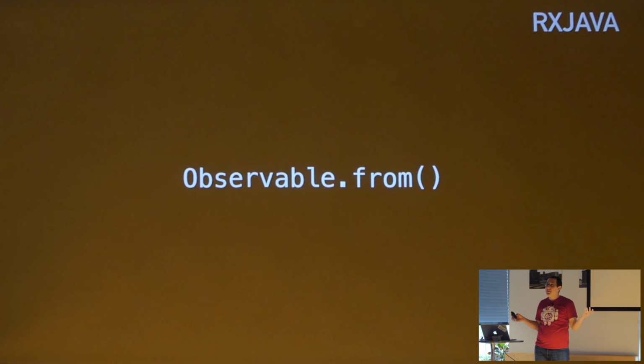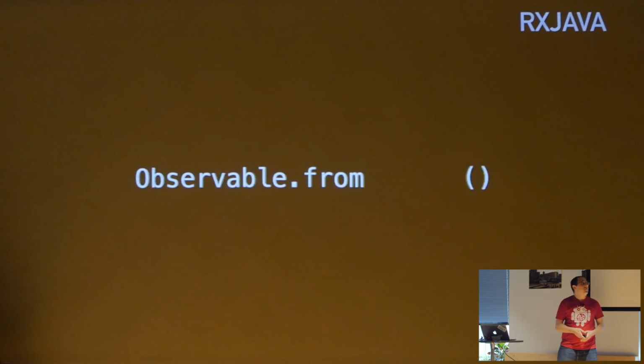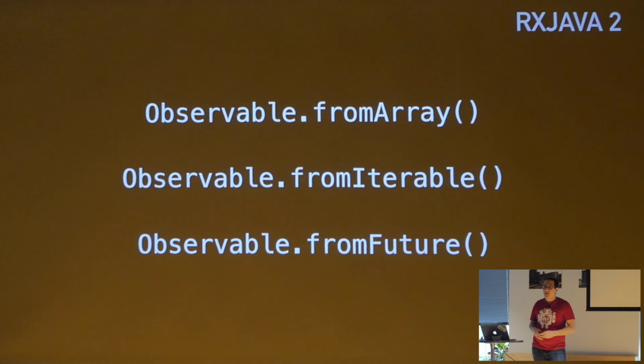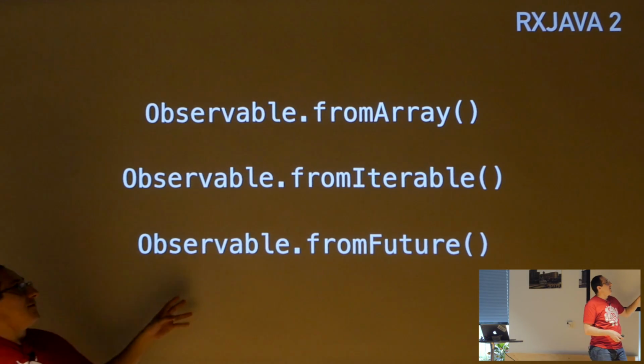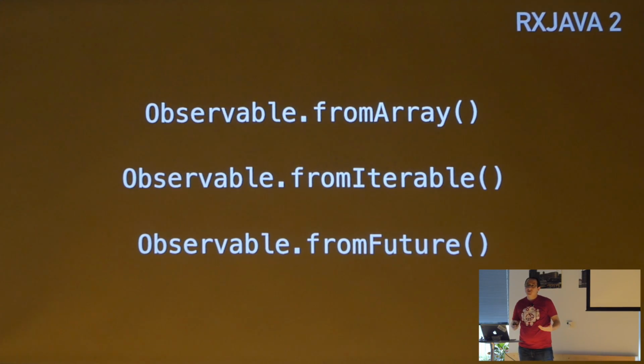Nobody ever used observable.from? Come on. You can create an observable from some collection, or from arrays, or from iterables, right? But you had to use just one method, so maybe you got confused. So now you have three different methods based on what you want to use.